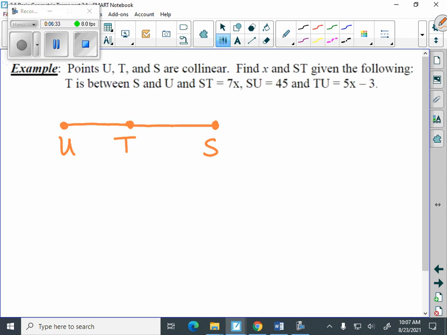I have T not in the middle, but in between. SU, which is the entire length of the segment, is 45. And TU is 5x minus 3. It's always helpful to draw a diagram to get in your head what we need to figure out: what does x equal and what does ST equal.